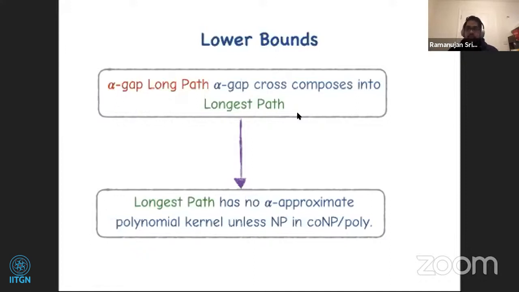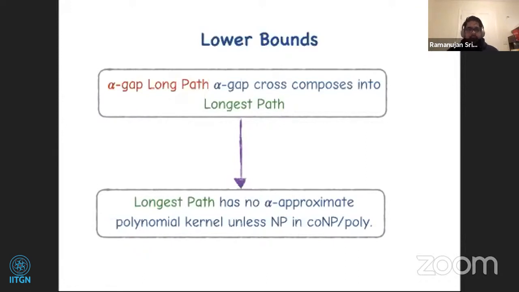So if you're not familiar with this problem, let me just quickly state what this language alpha gap long path is. You're given G and K. What we want to say is that if G has a path of length at least K, it's a yes instance. And if the longest path in G is less than K over alpha, then it's a no instance. So this is what we want to distinguish between.